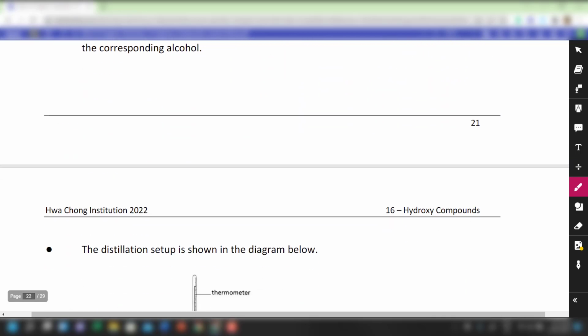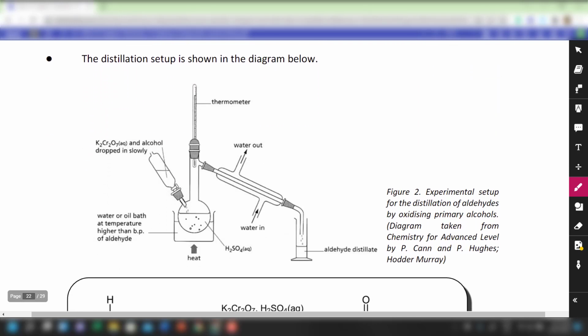Then, the distillation setup is given here. I think it needs no introduction. Water in must be over here, so that when the water flows in, over here is being filled with cold water.